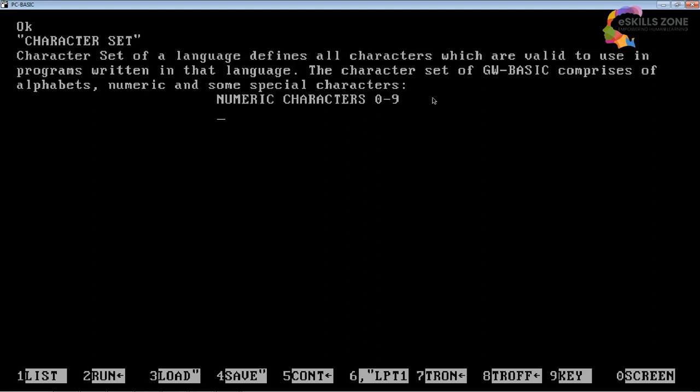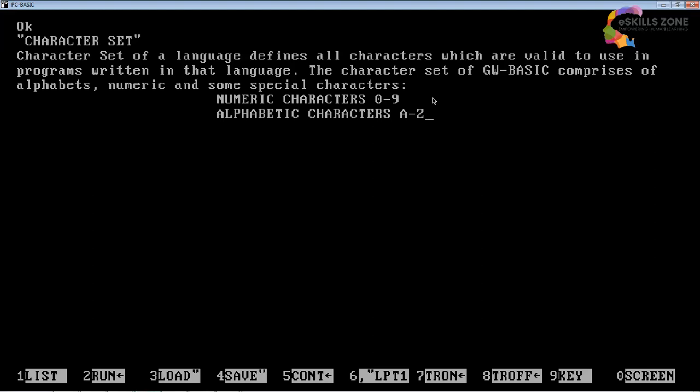And when we talk about alphabetic characters, we have 26 characters available on the keyboard, starting from the letter A till the letter Z. There are also all other characters available, like the mathematical functions: addition, subtraction, multiplication, division.